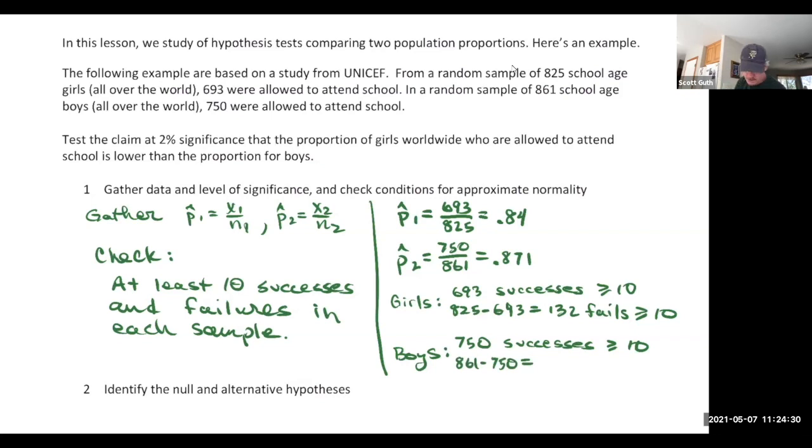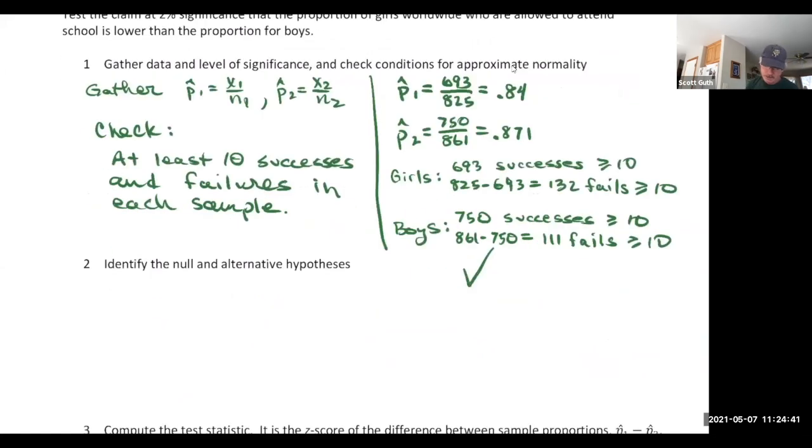And obviously, again, this will be bigger than 10. It's 111. So yeah, we're good. So I'll just put a big check mark there to say I checked. Any questions?